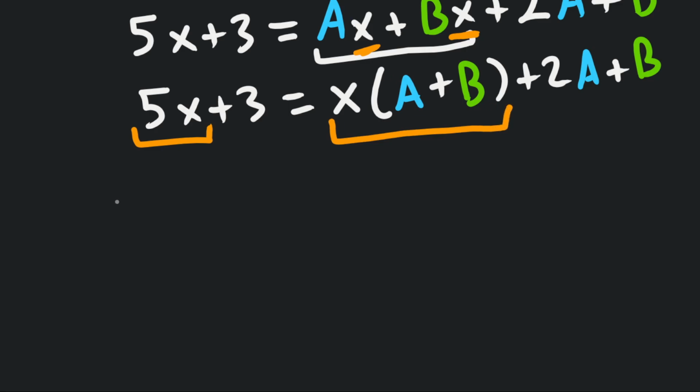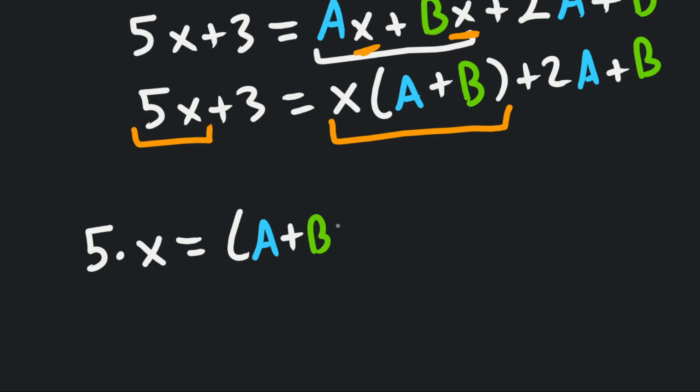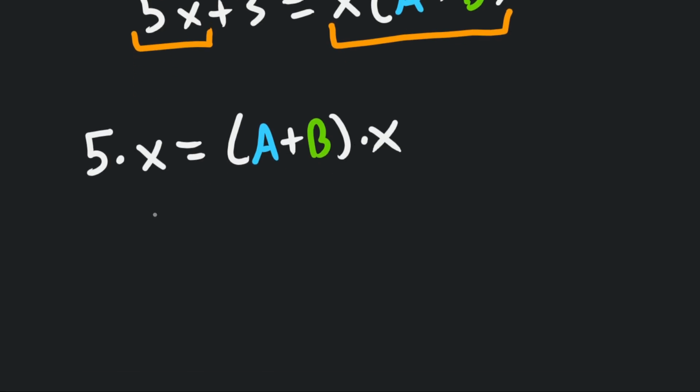So that must mean that 5 times x equals a plus b times x. And this also must mean that 5 equals a plus b.